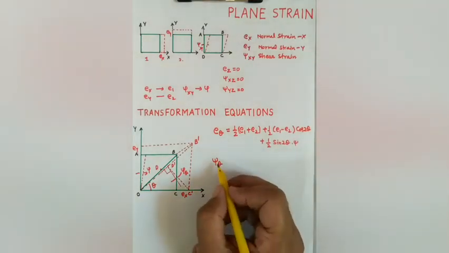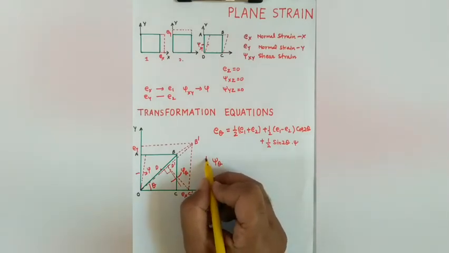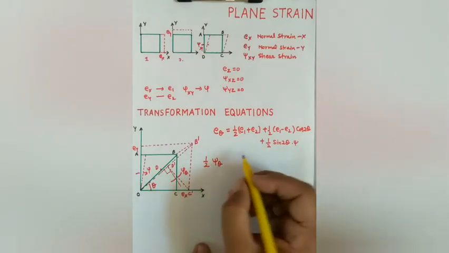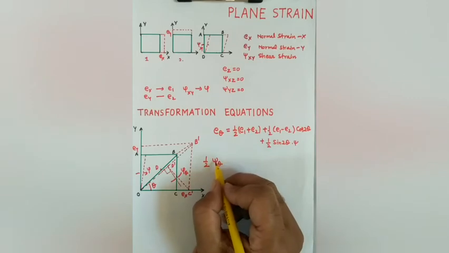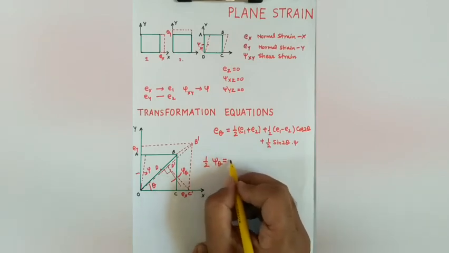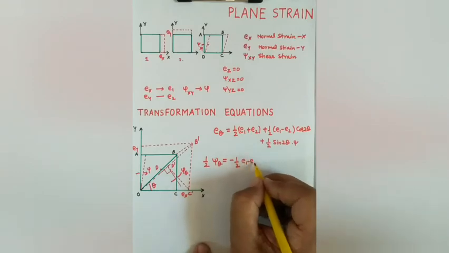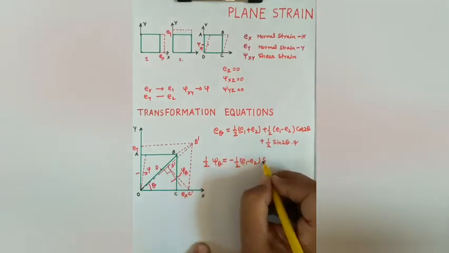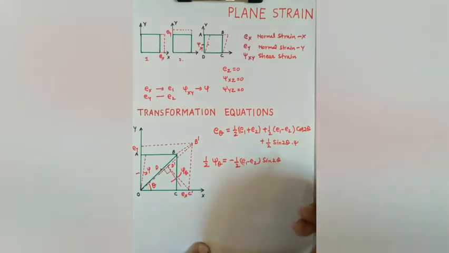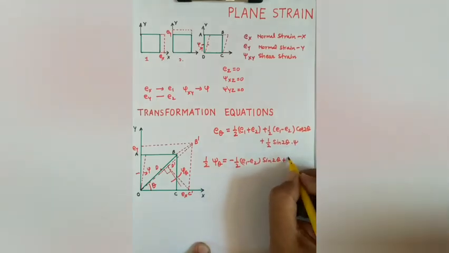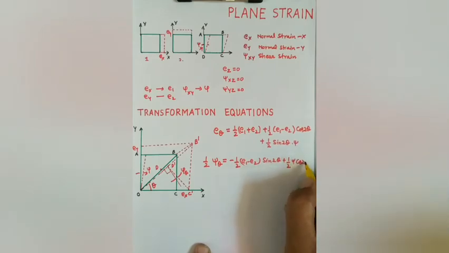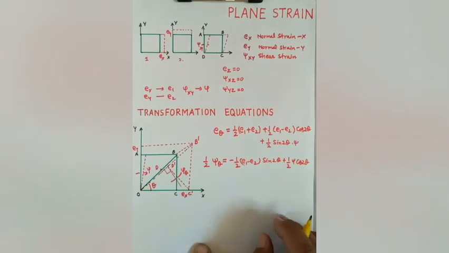Similarly, for psi theta, we have the expression 1 by 2 psi theta is equal to minus 1 by 2 (E1 minus E2) sin 2 theta plus 1 by 2 psi cos 2 theta.